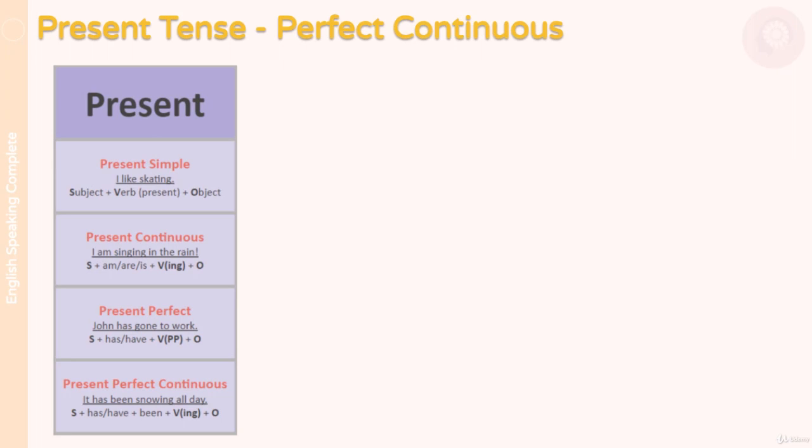We're now on to the present perfect continuous, also known as progressive. So quite a mouthful, quite a long name, present perfect continuous. But don't be worried, it's still just a matter of understanding the simple steps to making the structure.